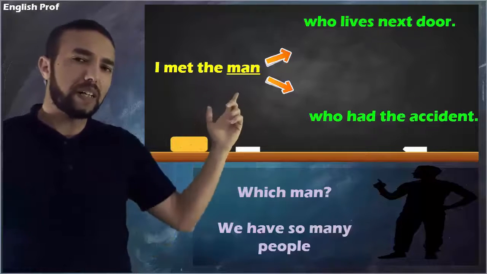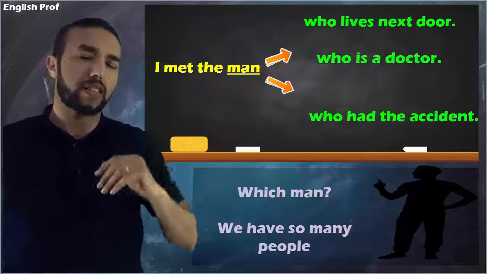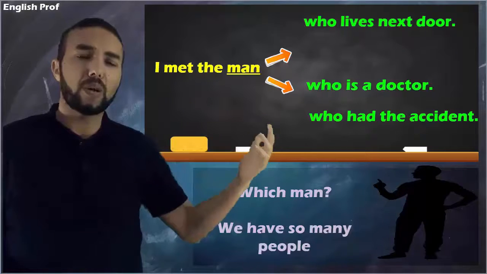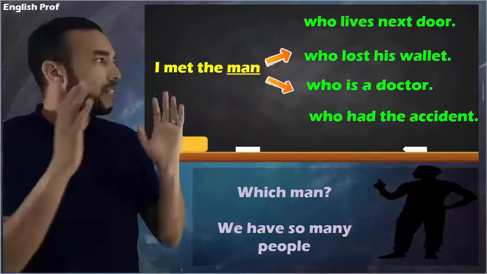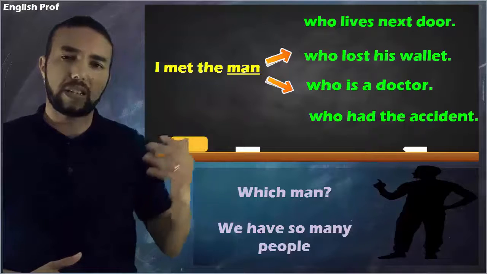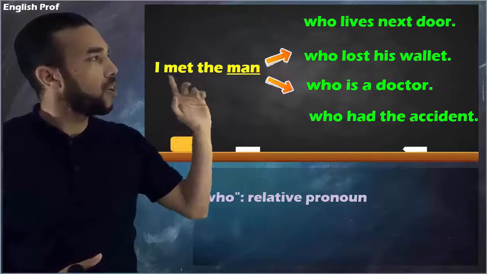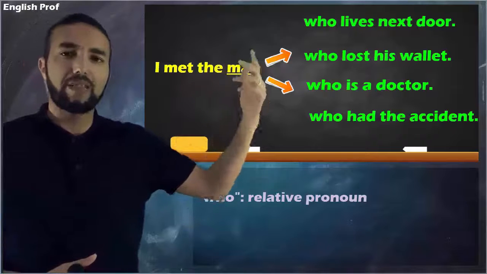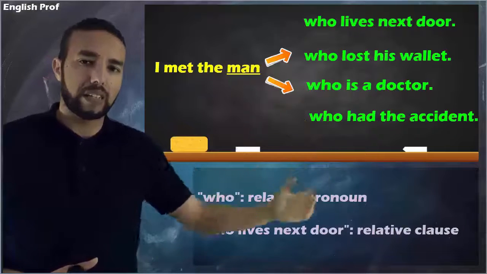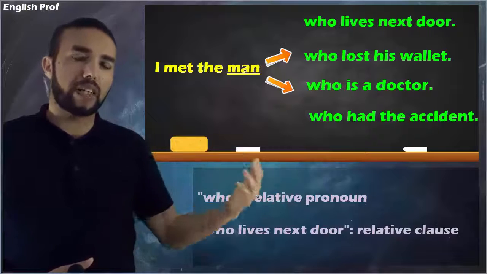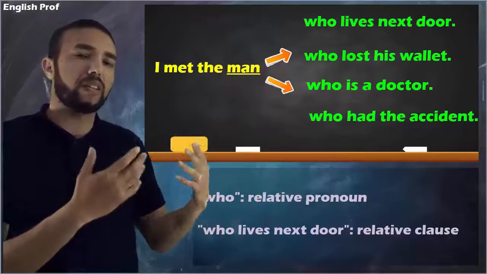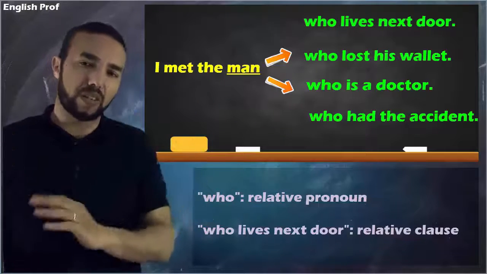I met the man who is a doctor. I met the man who lost his wallet. Here, who is a relative pronoun, and the clauses who lives next door, or who had an accident, or who is a doctor, these are called relative clauses.